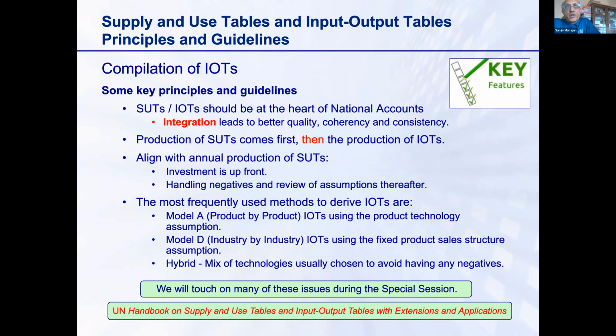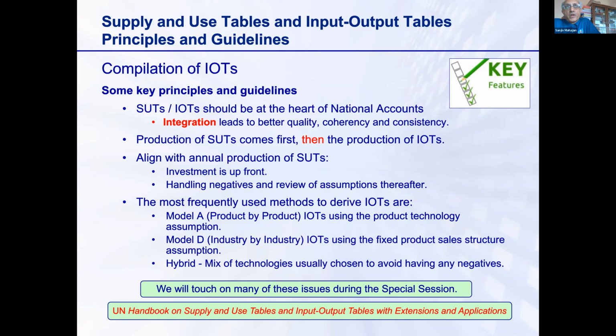Then, through the use of product by product tables or industry by industry tables, in terms of the technology assumptions or the fixed sales structure assumptions, we create the product by product or industry by industry tables themselves, which then leads to the Leontief inverse, the cost multipliers, the output multipliers, the links to trade in value added, global value chains, etc.